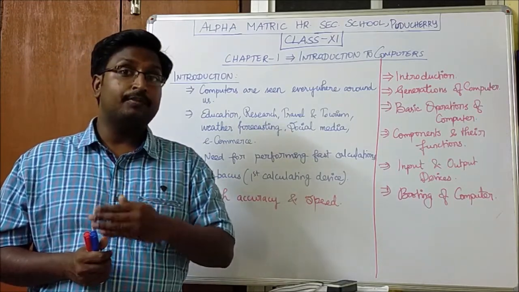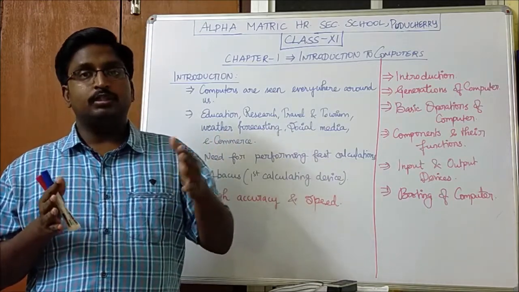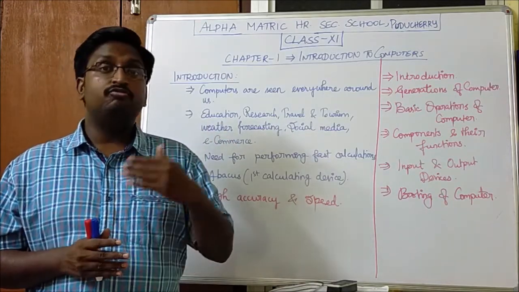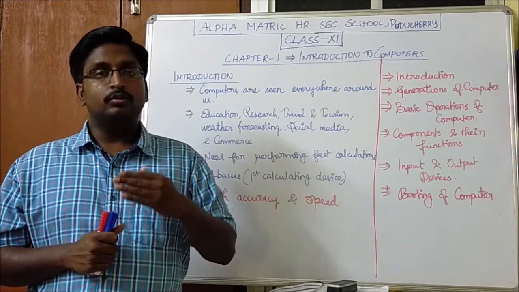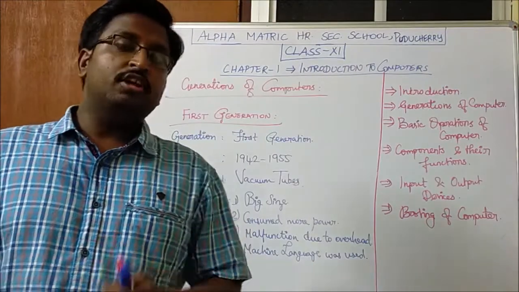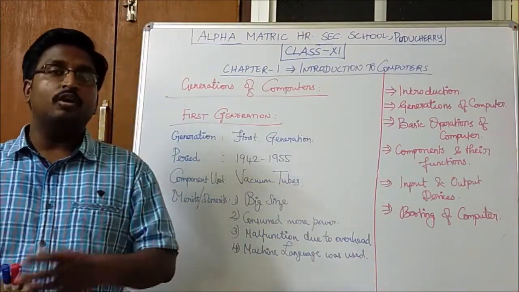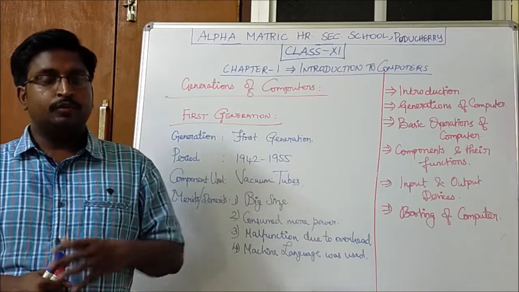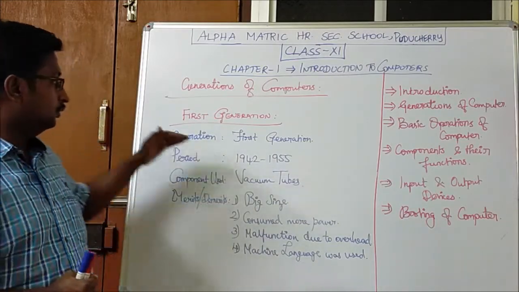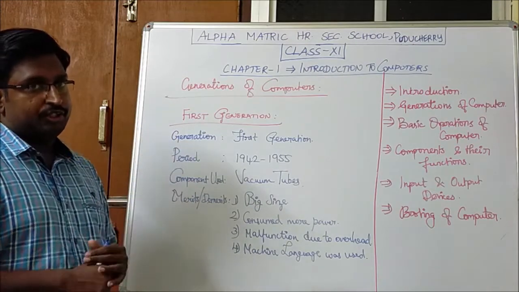Based on the development in computer technology, they have categorized computers into 6 generations. Now let us see the generations of computer. In generations of computer, we are not going to remember the entire history of each generation. We are going to remember only a few major points in each generation.